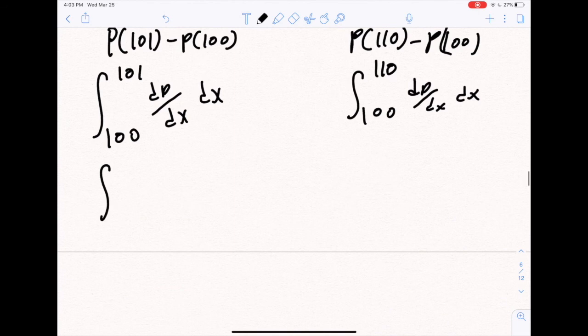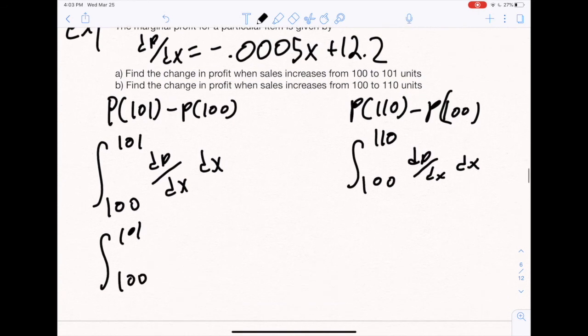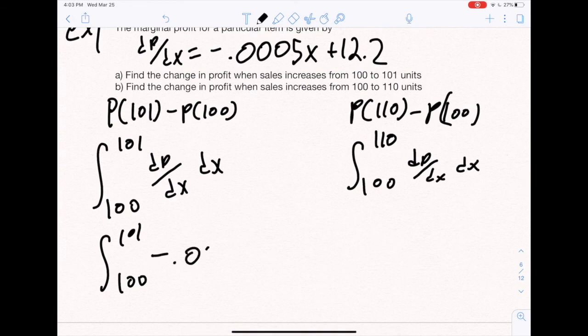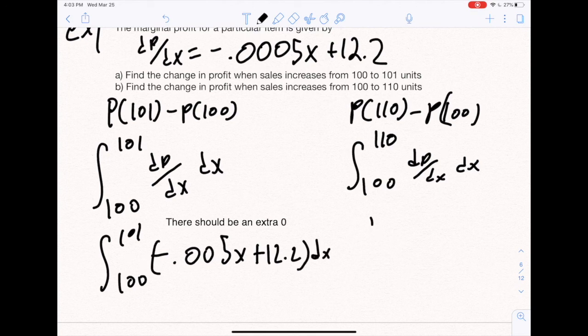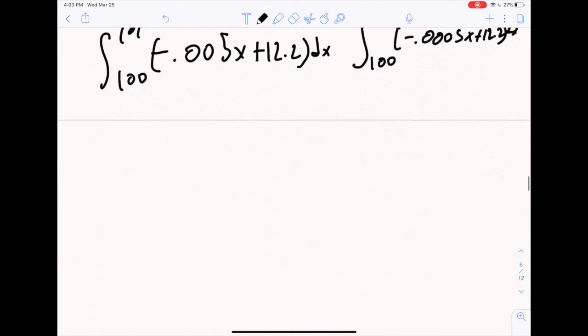And so we end up with the integral from 100 to 101 of, what was our function again? Negative 0.005x plus 12.2 dx. And then here we have the integral from 100 to 110 of negative 0.005x plus 12.2 dx.